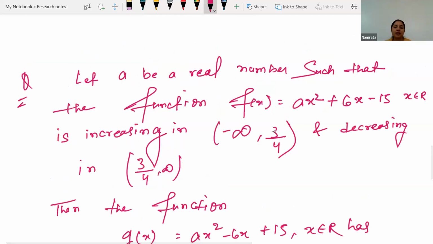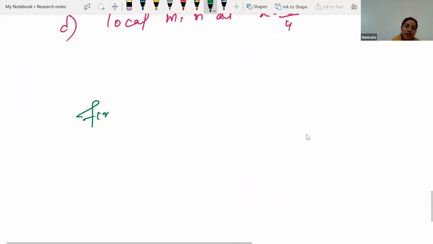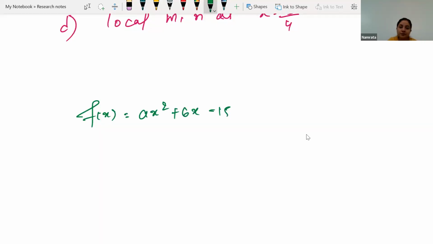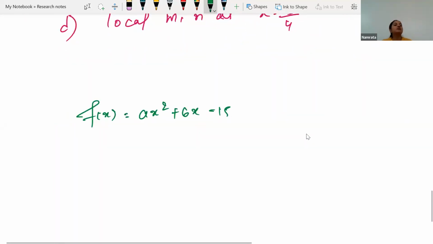Let's take the function f of x, which is given as ax square plus 6x minus 15. Since it is increasing in one interval and decreasing in the other, how do we check whether the function is increasing or decreasing? We find the first derivative, then we find the critical point, and then we take the intervals according to the critical point, and accordingly we check it.